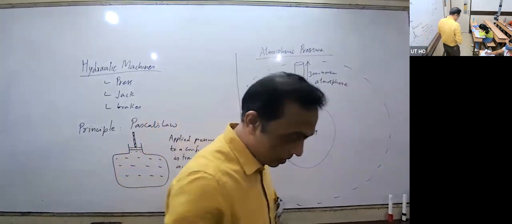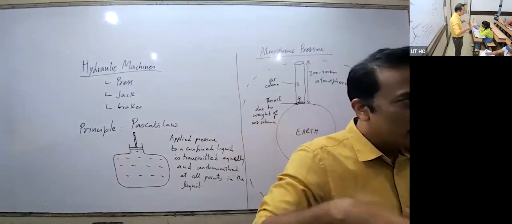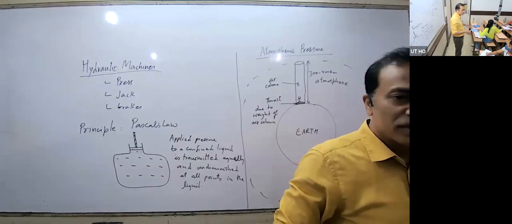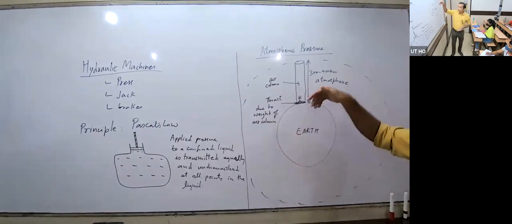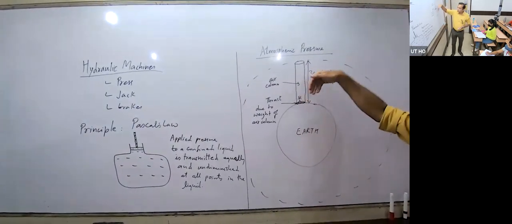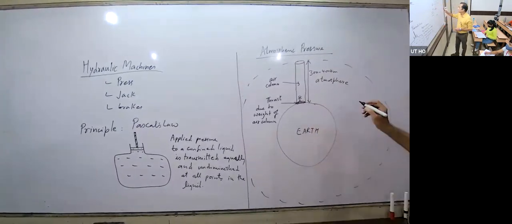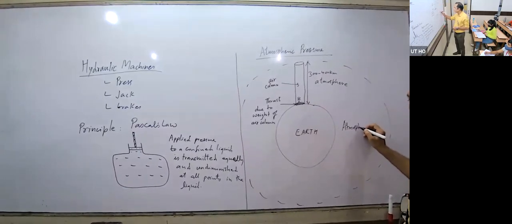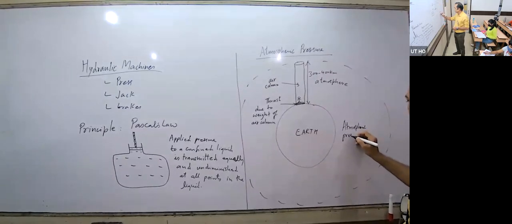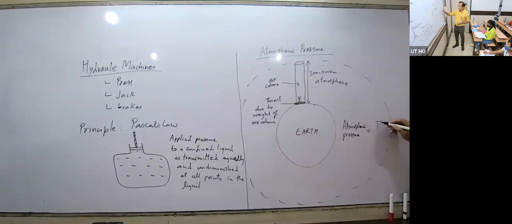Like if I am standing on this floor, I am exerting thrust on the floor. My weight is exerting thrust on the floor. What is thrust? The perpendicular force. So weight always causes thrust. It always applies perpendicular force because it is towards the center. So what is atmospheric pressure then? The atmospheric pressure is thrust upon unit area.